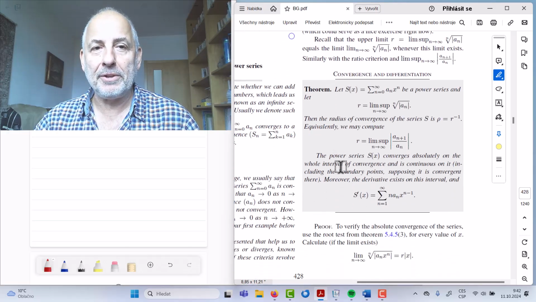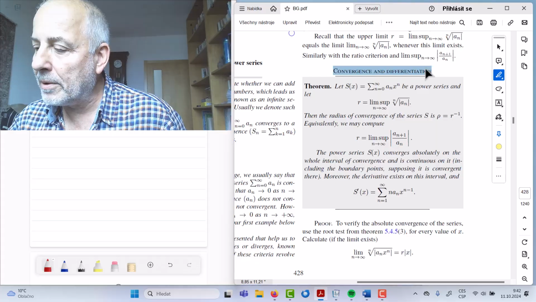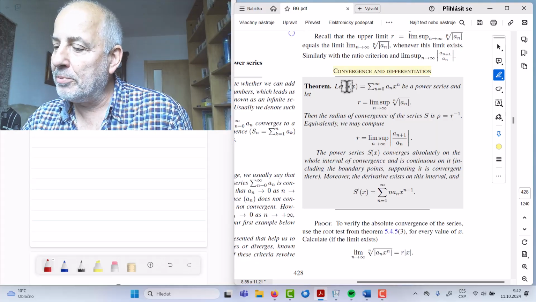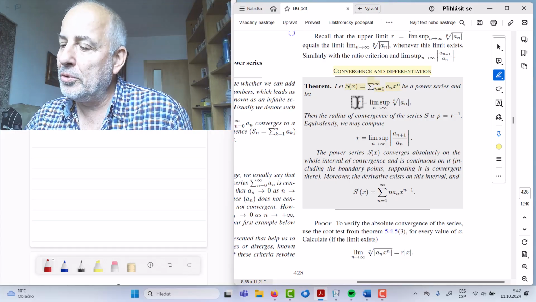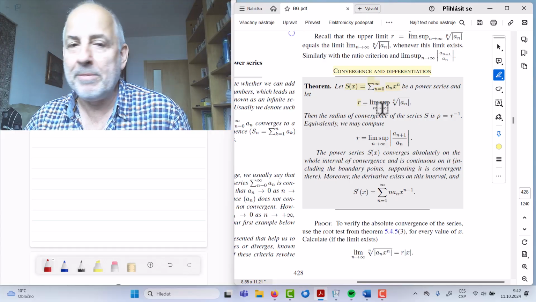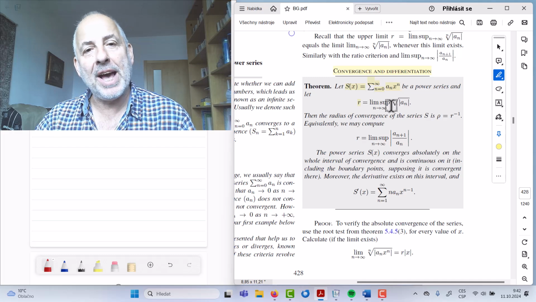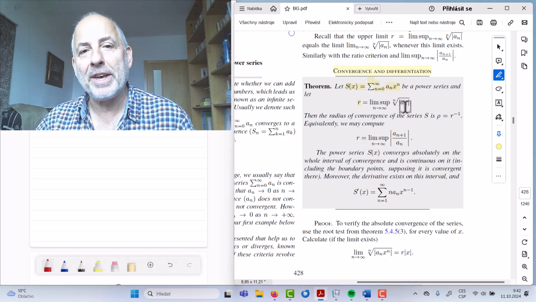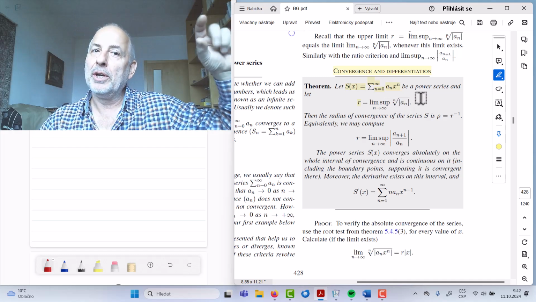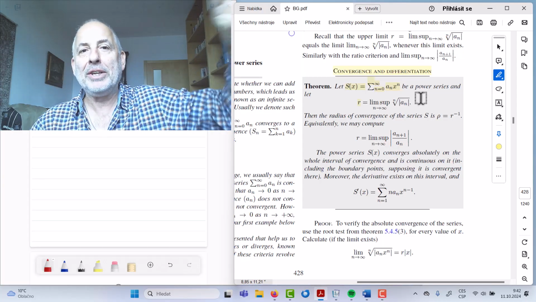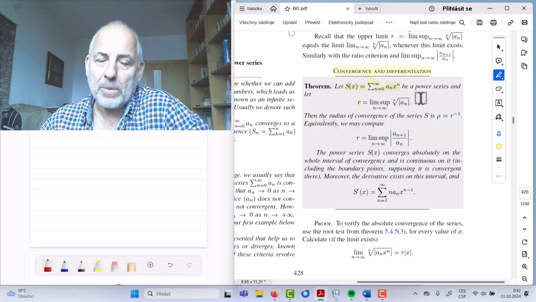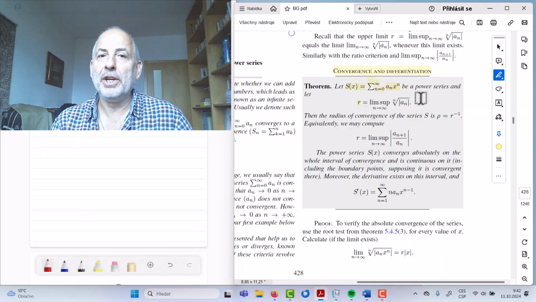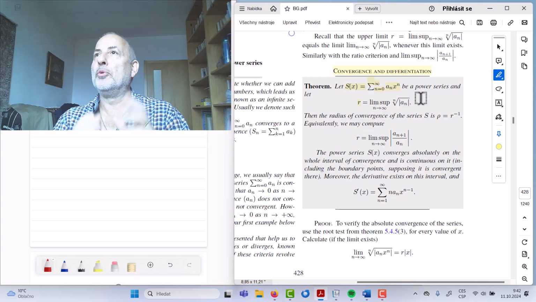And now there is the fantastic theorem. Whenever you meet a power series, you can compute the number r, which will be the limit superior of the nth root of the absolute values of a_n. This comes from the root test, right? Which we discussed for the individual coefficients.